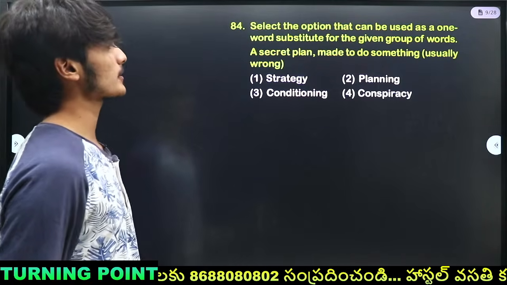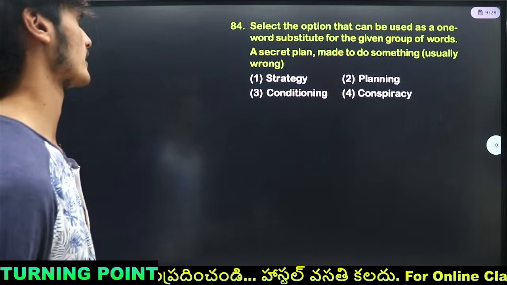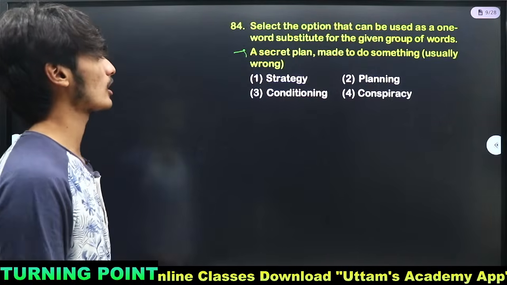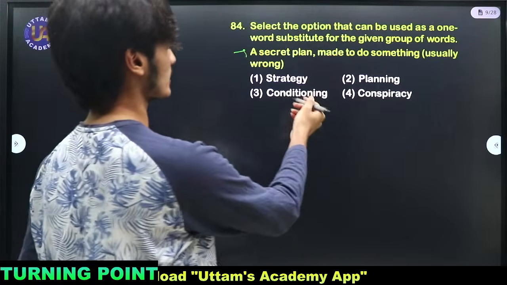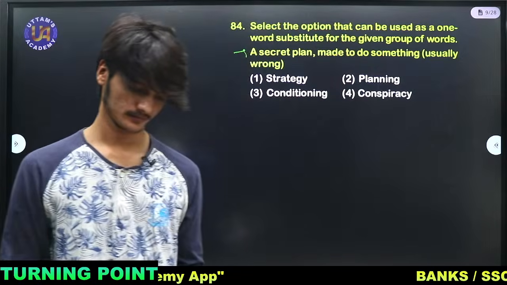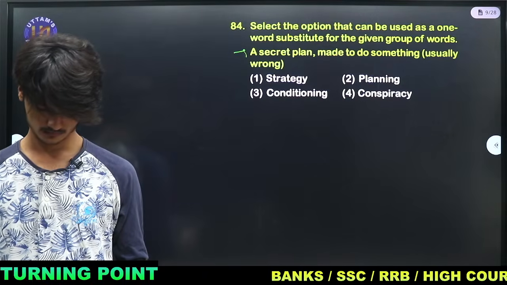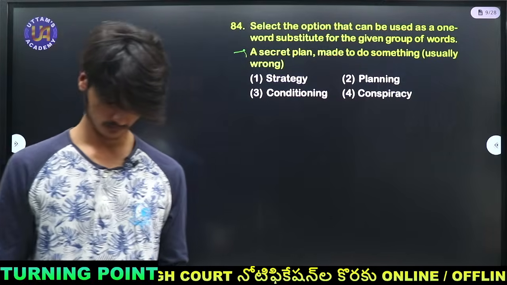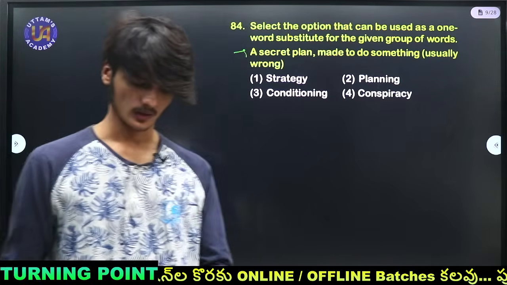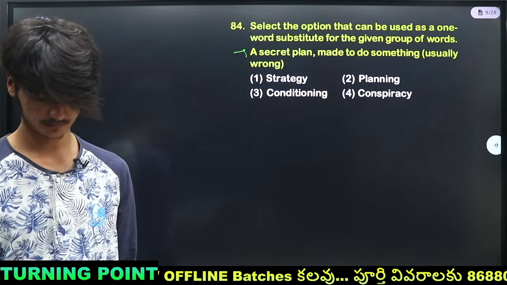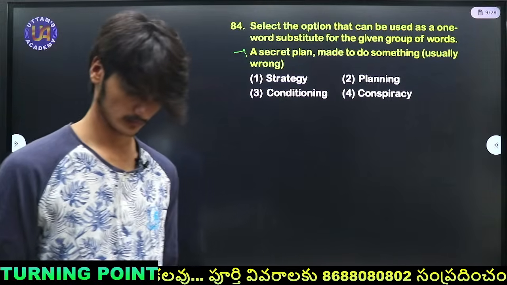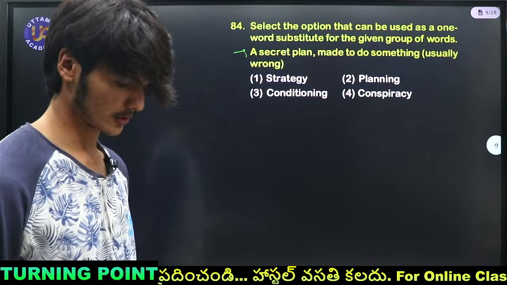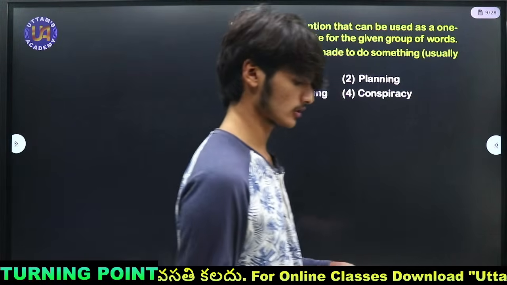Then select the option that can be used as a one-word substitution for the given group of words. A secret plan made to do something wrong is called strategy, planning, conditioning or conspiracy. Randur says conspiracy. Any more guesses? Narendra also says conspiracy.